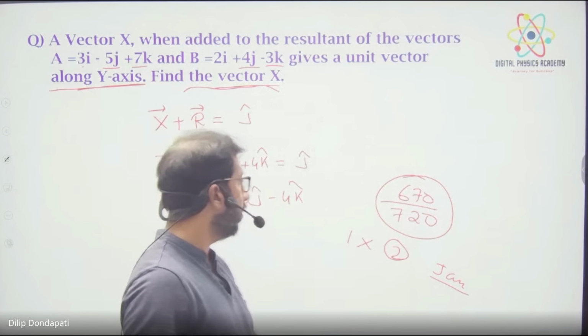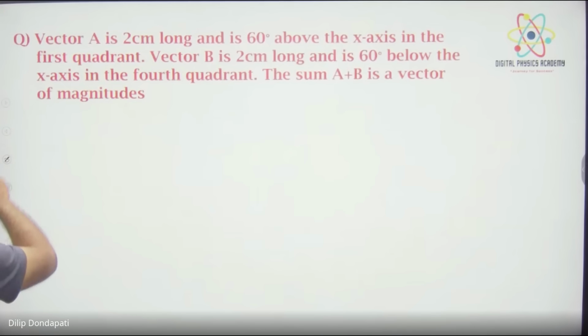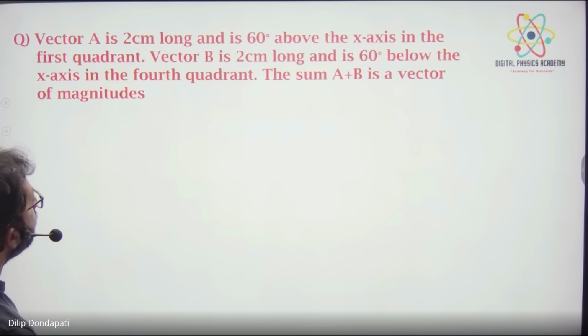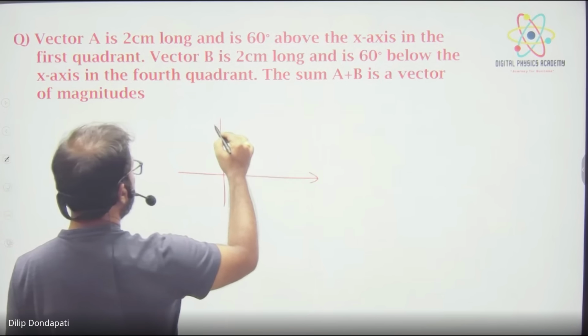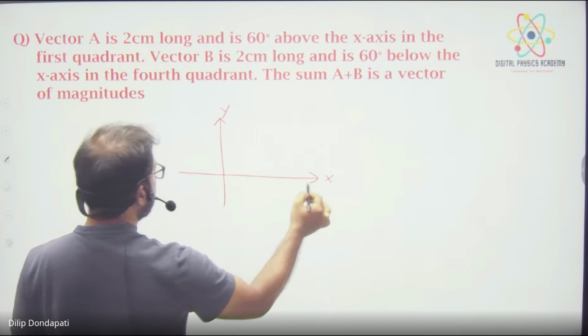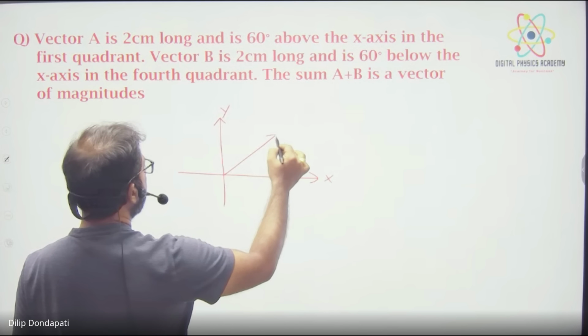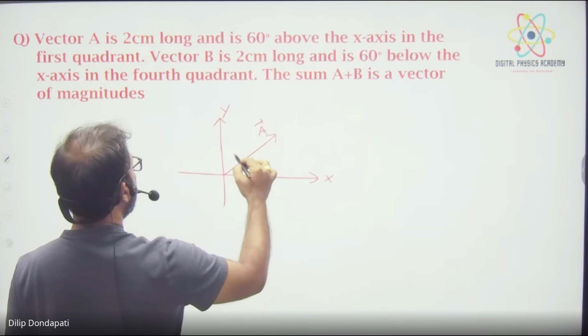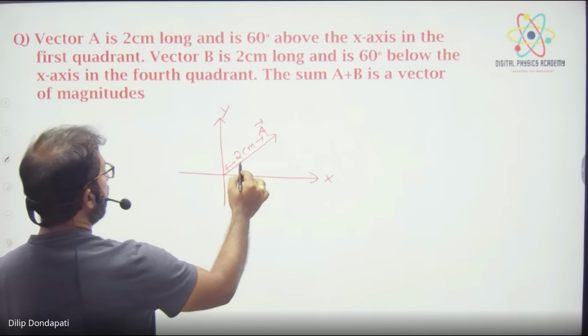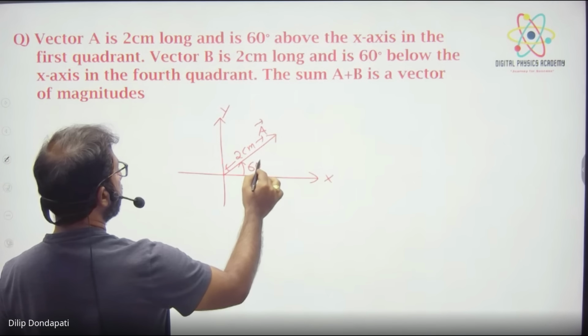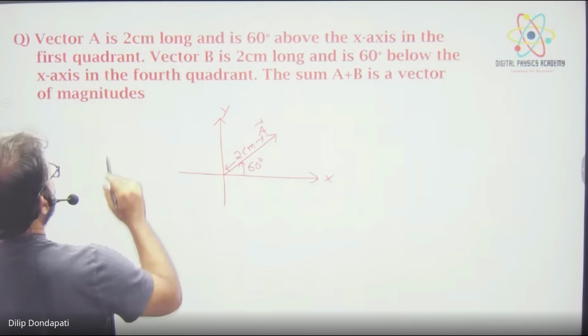So try to do it. Okay, next. Vector A is 2 centimeters long and 60 degrees above the x-axis. Analyze the picture: y-axis, x-axis, and vector A is in the first quadrant.